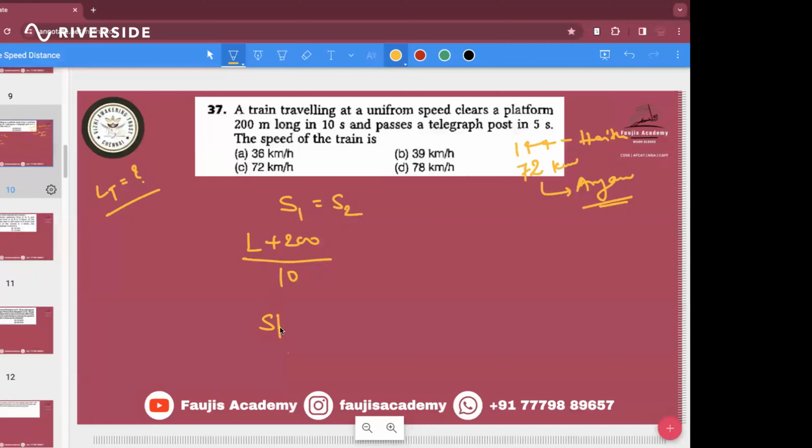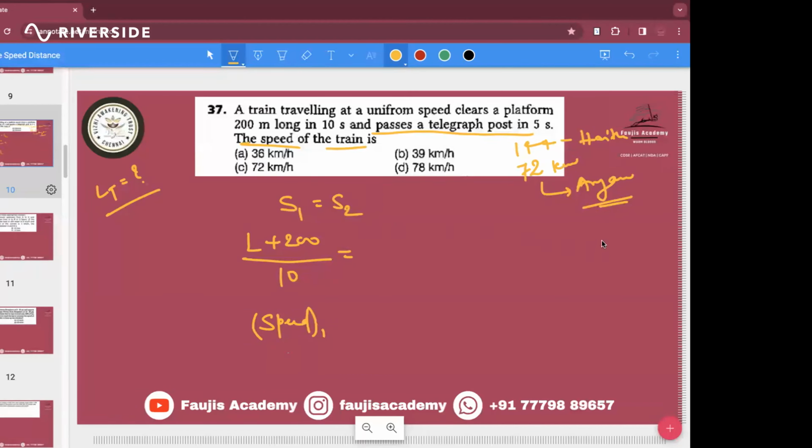That will be the speed, speed 1, while clearing the platform, which essentially will be equal to the speed with which it will pass the telegraph.